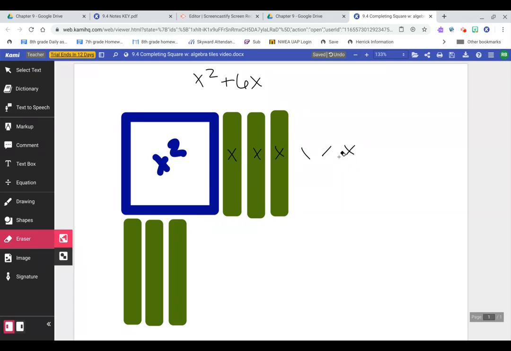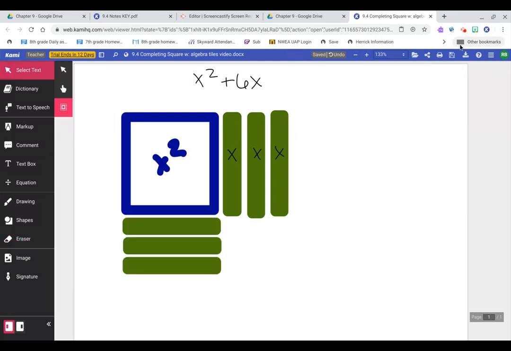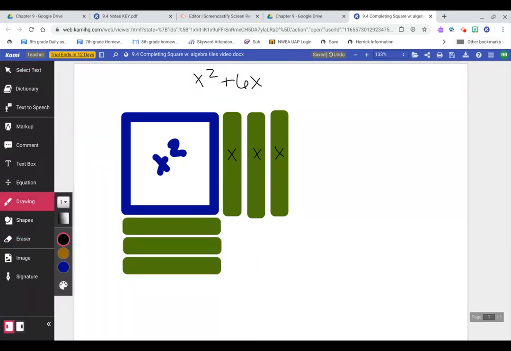So how do you think we can manipulate it to make it look like a square? Well, if somebody said, why don't you rotate these, that would work. So now I have my x squared plus 6x rearranged so that 3 of the x's have moved horizontally. Okay, this still is not a square. I need to complete it.